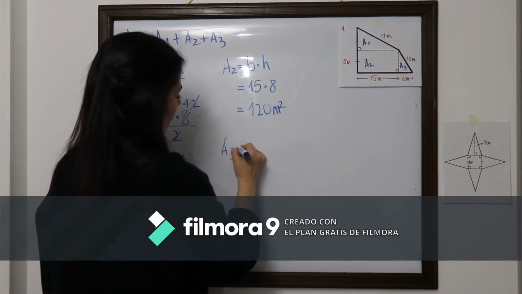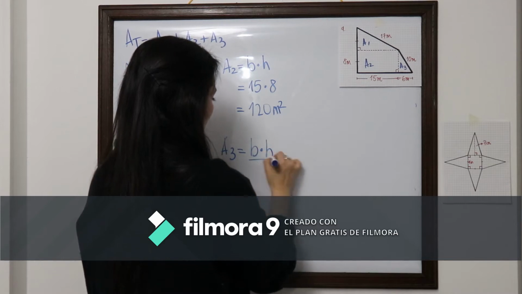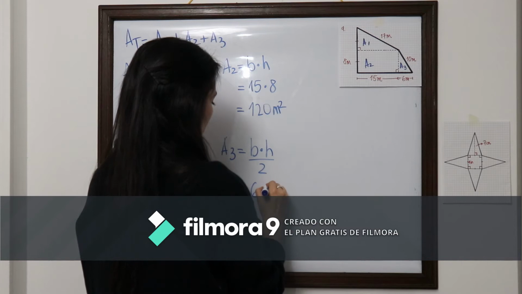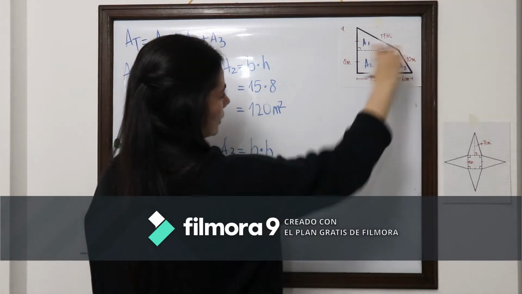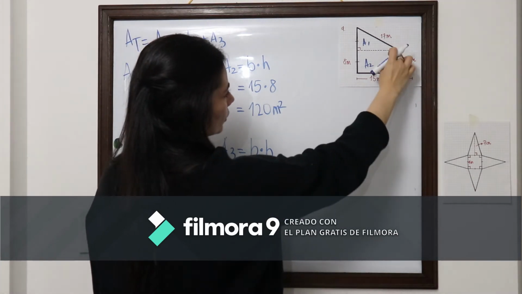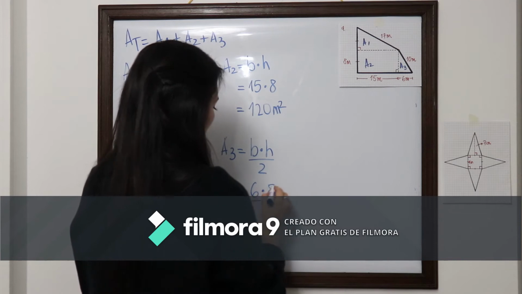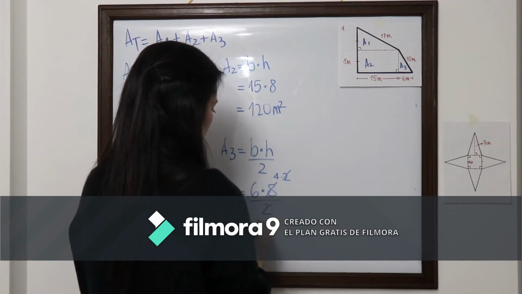And then we have the third area, which is gonna be base times height divided in 2. And so the base is gonna be 6. The height is actually 8 again. As you can tell, it's the same height. Again, this is a right triangle, and divided in 2. So I again can just write down this one as 4 times 2, so I can cancel the 2's.